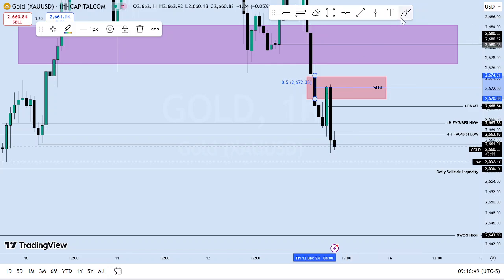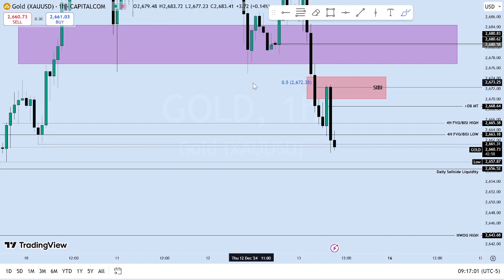Same thing I'm saying, the body. You are looking at the body to close at the consequent encroachment of any inefficiency. The consequent encroachment is acting as a major support or resistance. Price cannot go over it. It's like a wall, you cannot break through it.